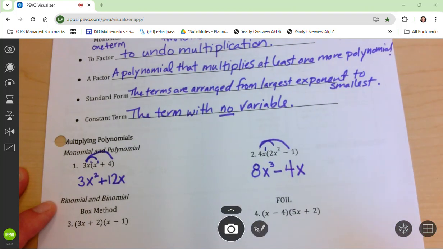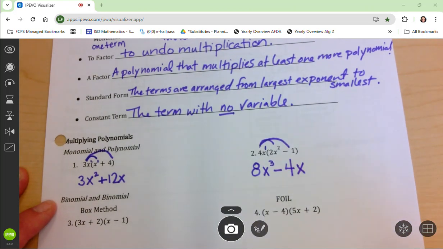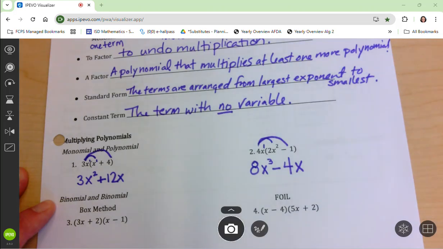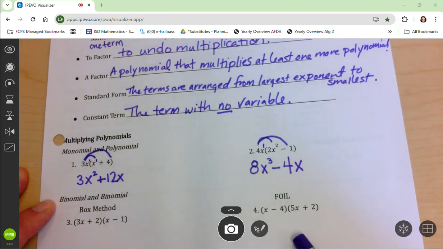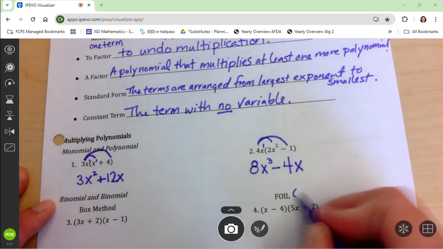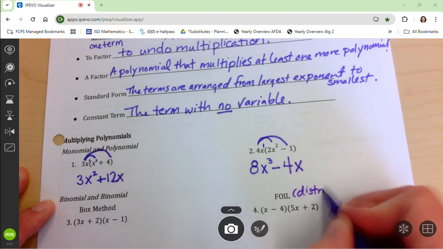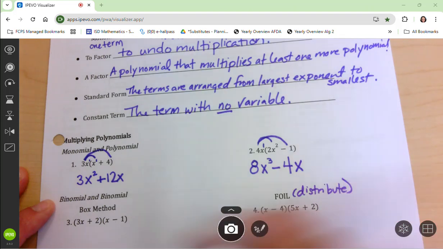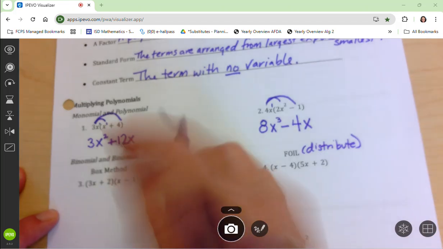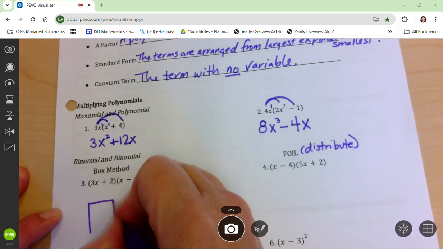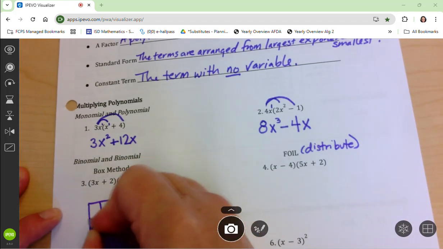All right, down here for multiplying, I'm going to do one example with a box method and one with FOIL, which is really just distributing. And then you can use whichever method you want for these two. So first one, with the box method, you're going to draw your 2 by 2 box.